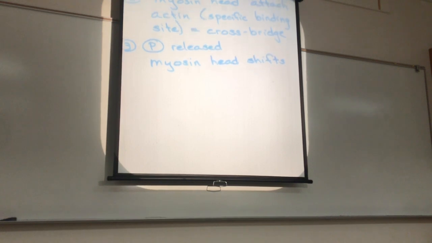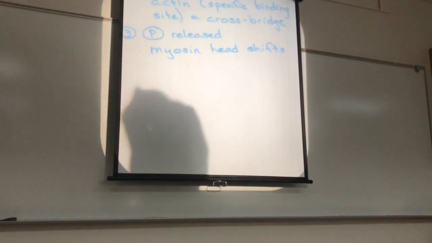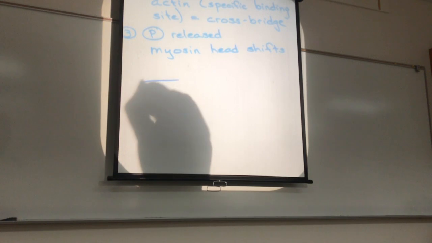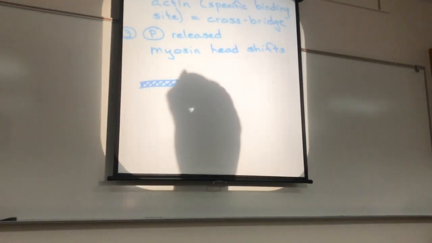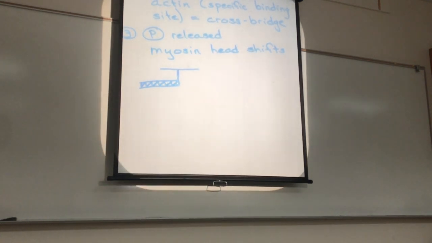Now, the books aren't showing this quite the same way I learned it, and I'm going to stick with what I know, even if it's not exactly right. So here's a thick filament, and the myosin head has lifted up, and it's attached to a thin filament.